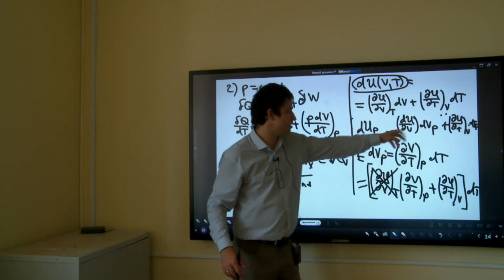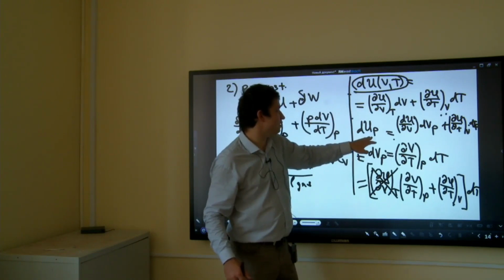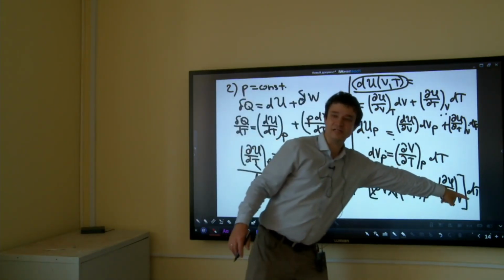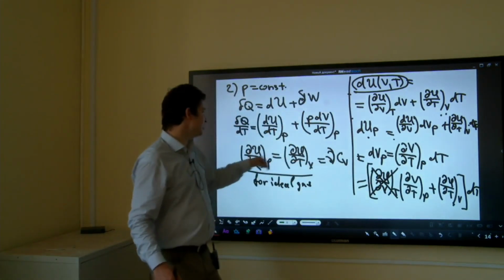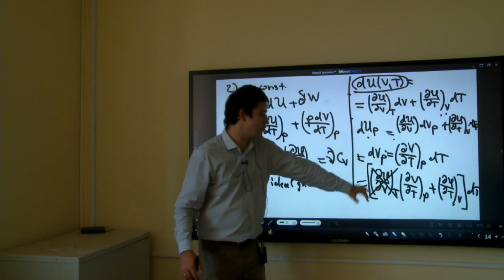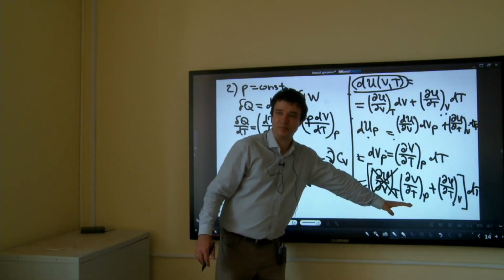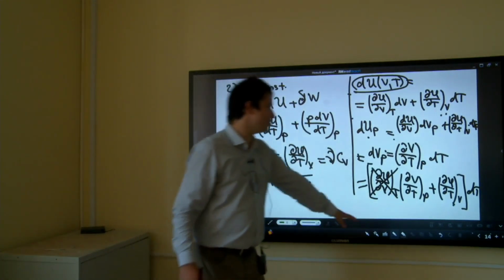And after that, I insert in here. So I get in the end that du at constant pressure is this. And after I divide it by dt, I obtain du over dt at constant pressure. And the result would be this expression in square brackets. So that's the final answer for the du.